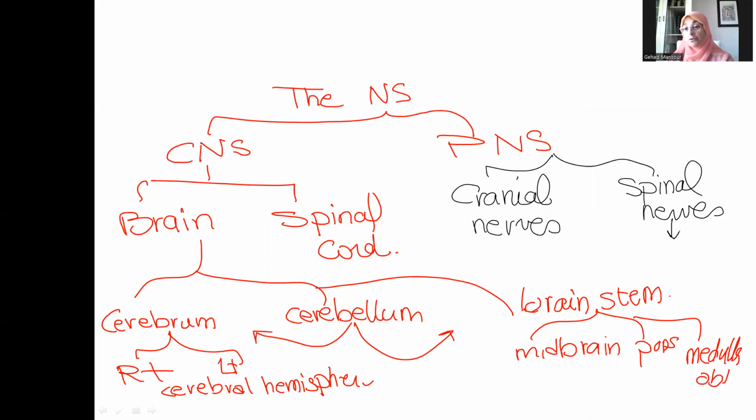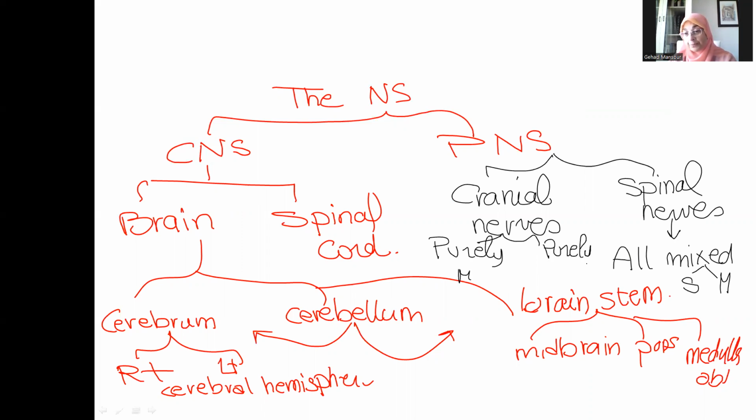And it's worth noting that spinal nerves are all mixed, meaning that they contain both sensory and motor nerve fibers, whereas the cranial nerves can be either purely motor or purely sensory or sometimes mixed.